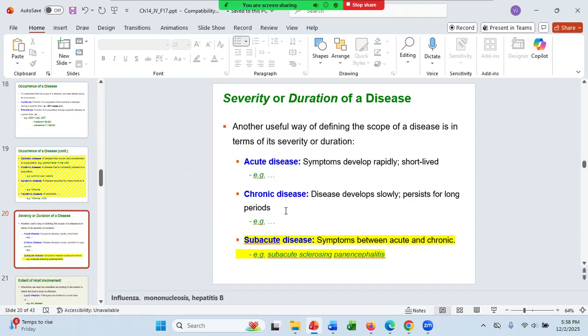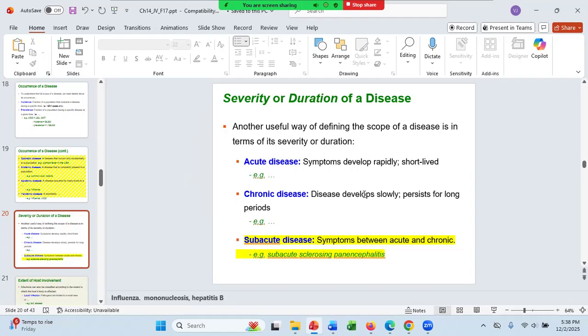A chronic disease is a disease that develops slowly, persists for long periods of time, and usually gets worse with time. An example of a chronic disease is mononucleosis, hepatitis B, where you continually have inflammation of the liver. Mononucleosis is a different chronic disease because after a while you'll get very sick, but you will slowly recover.